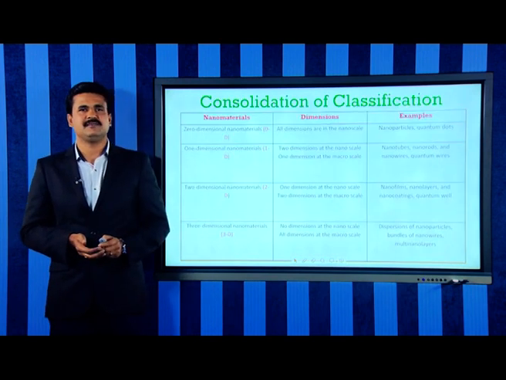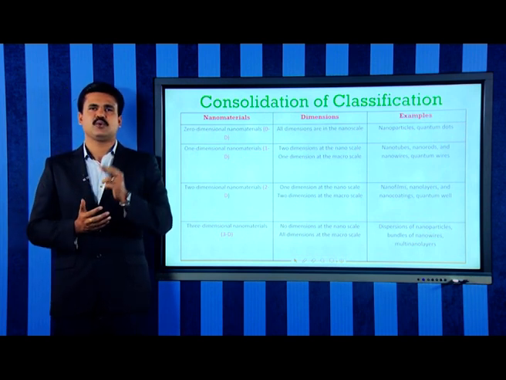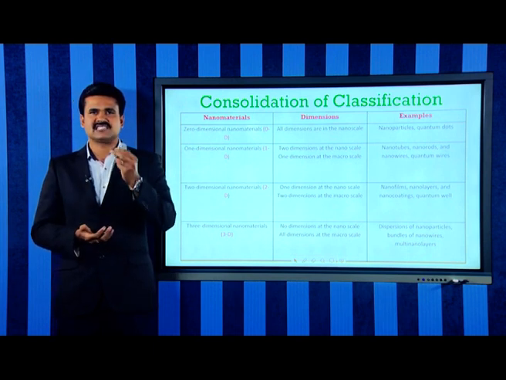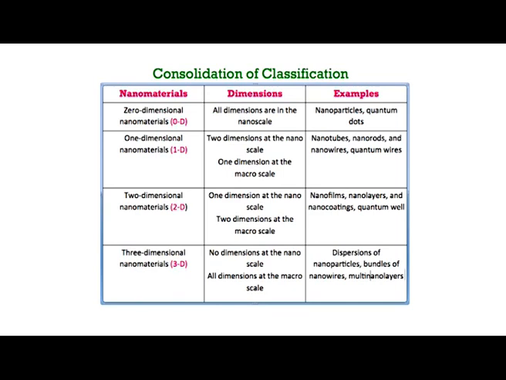Now let us have a comparison or consolidation of the three types of classification. The classification represents nanomaterials, their dimensions and examples. From the chart, it is clear that zero-dimensional nanomaterials have no dimension bigger than nano or bulk dimension.